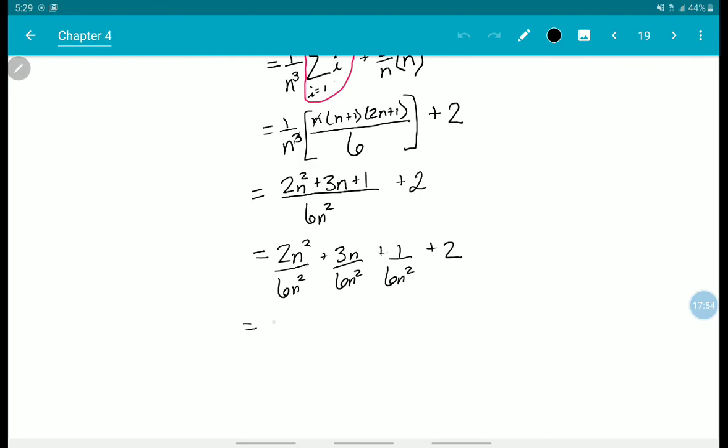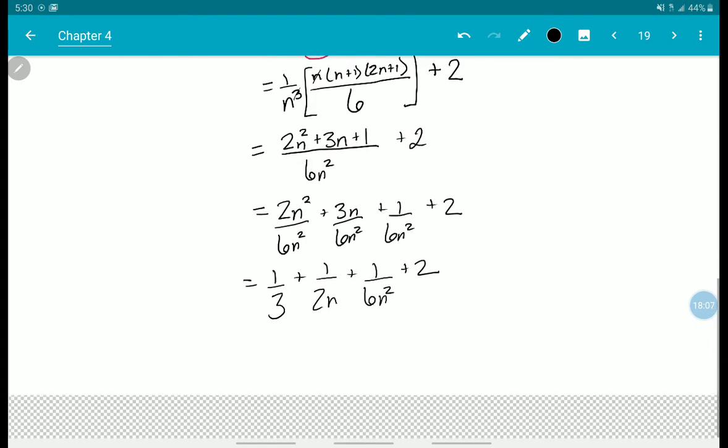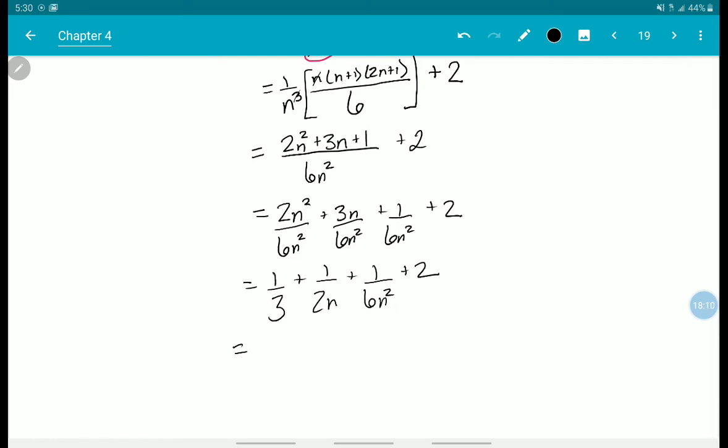So this is going to reduce to 1 over 3. This reduces to 1 over 2n. This stays the same. And then we have a plus 2. So we have 2 plus a third, which is 7/3, plus 1 over 2n, plus 1 over 6n squared. So there's our sum formula.